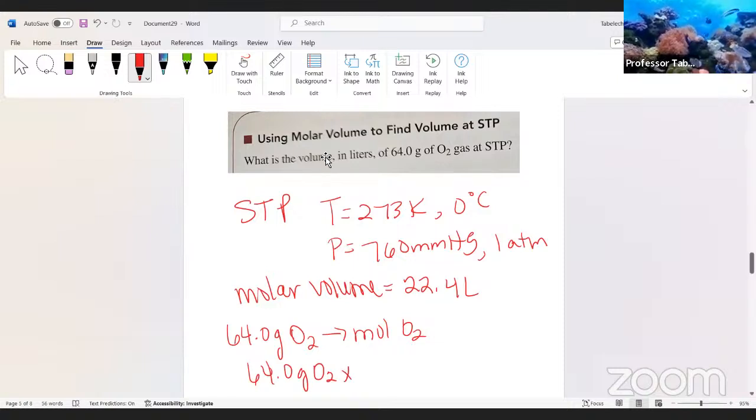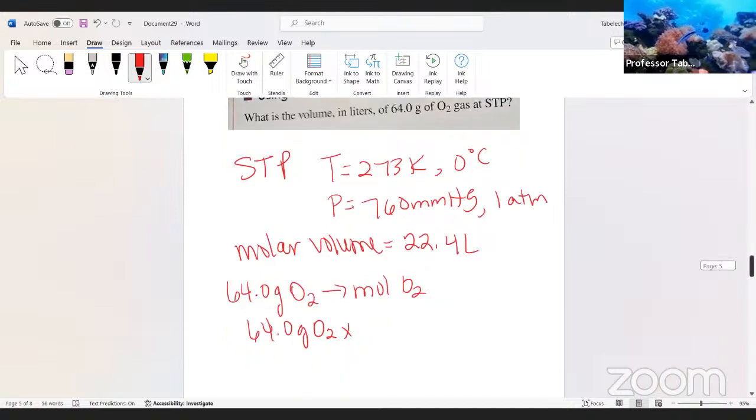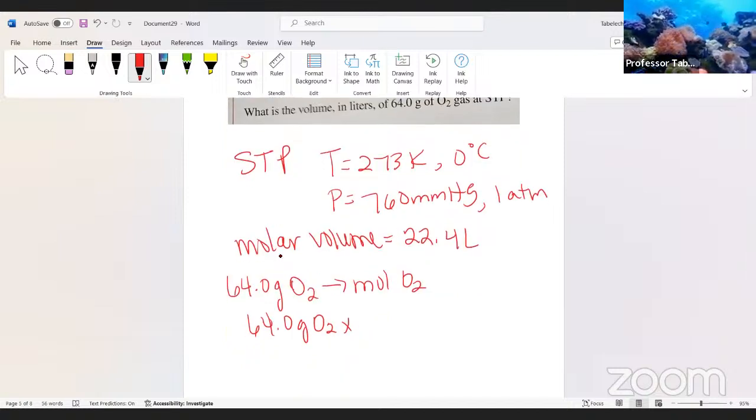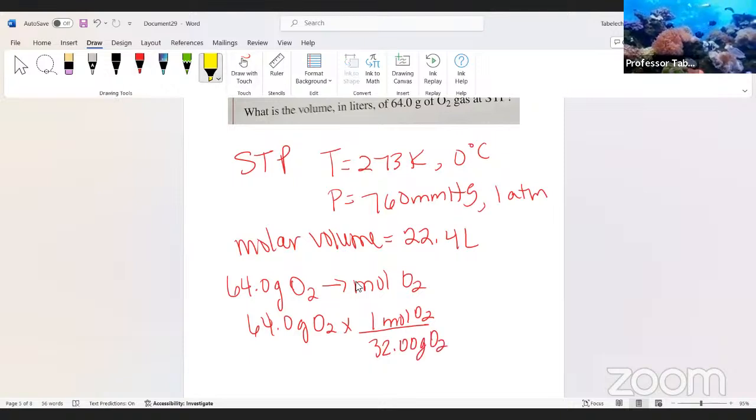So 64 grams of oxygen, and on the top we're going to say 1 mole of oxygen, and on the very bottom, what are we going to put? The 32. That's the molar mass of oxygen. So you're going to cancel out your grams because you don't need them, and you get this value in moles. Divide the 64 by 32 and you get 2. So this is 2.00 moles of oxygen.